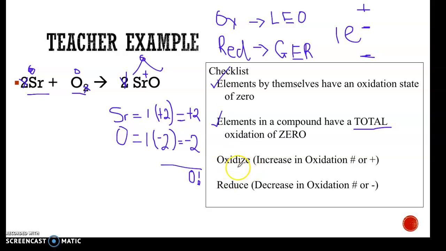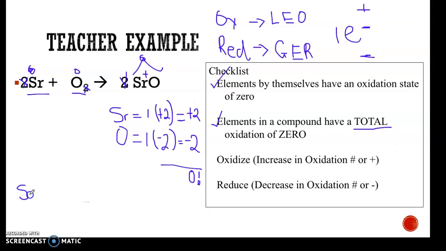Now it's time for me to decide which one is oxidized and which one is reduced. So I'm going to write this out over here, and I'm going to be comparing my elements from my left to my right. If we were in class, I would have us draw brackets to compare them, but because we're not, we're going to just compare it over here.